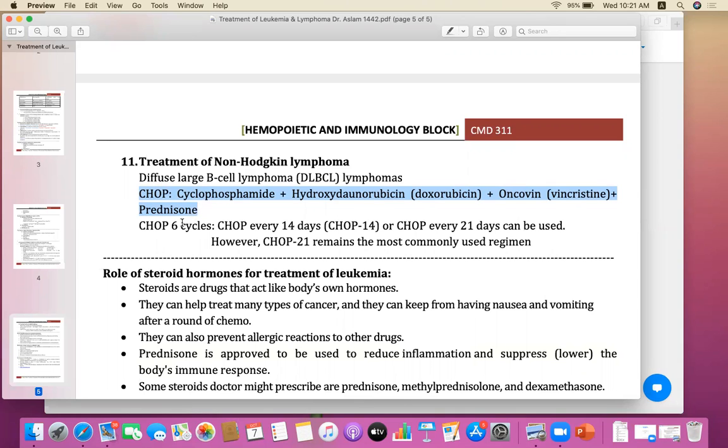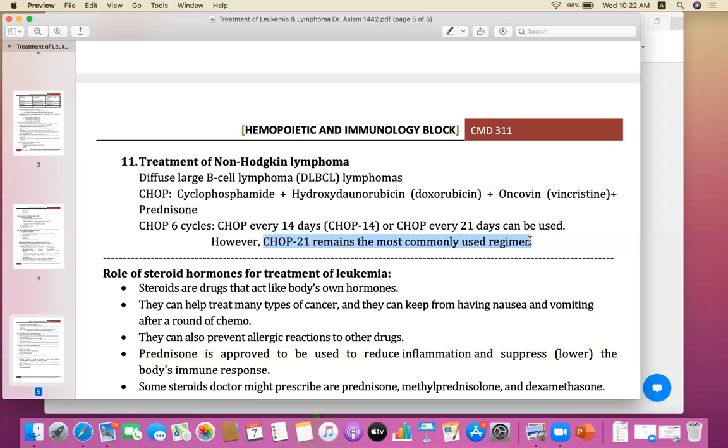This CHOP also needs 6 cycles. CHOP every 14 days or CHOP every 21 days. So this four-drug regimen after every 21 days remains the most commonly used regimen. For non-Hodgkin lymphoma, we have to prescribe the four combination medicines after every 21 days.